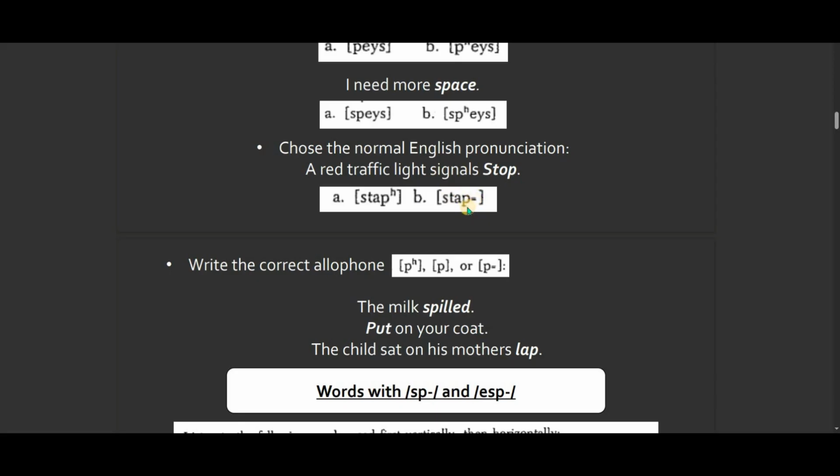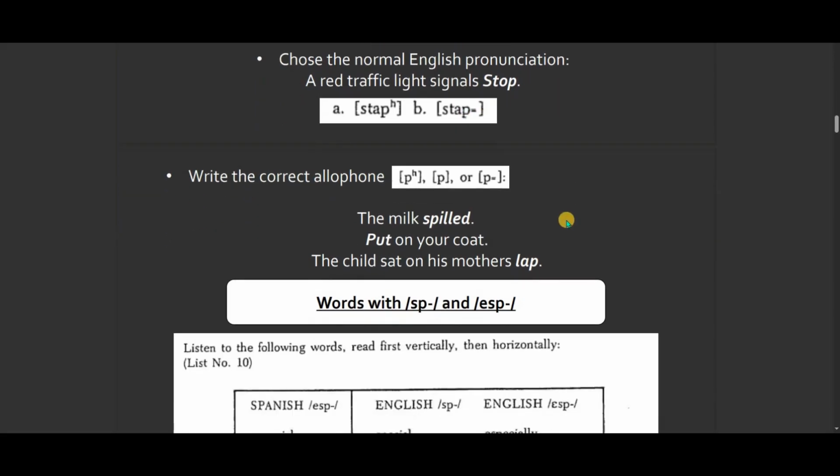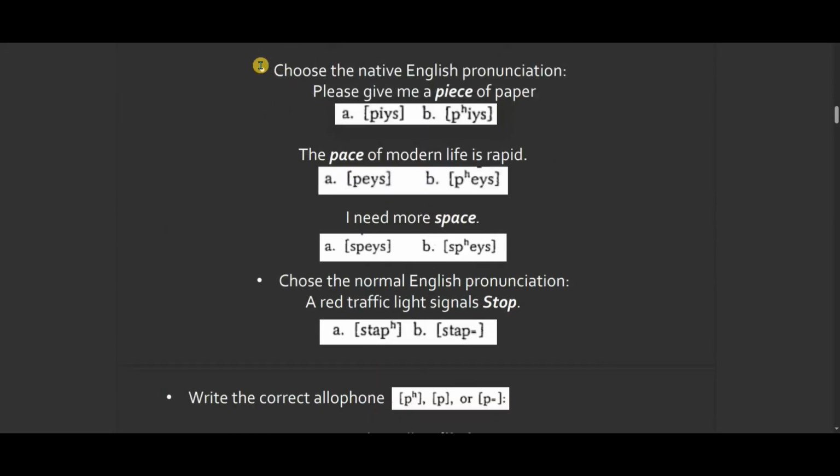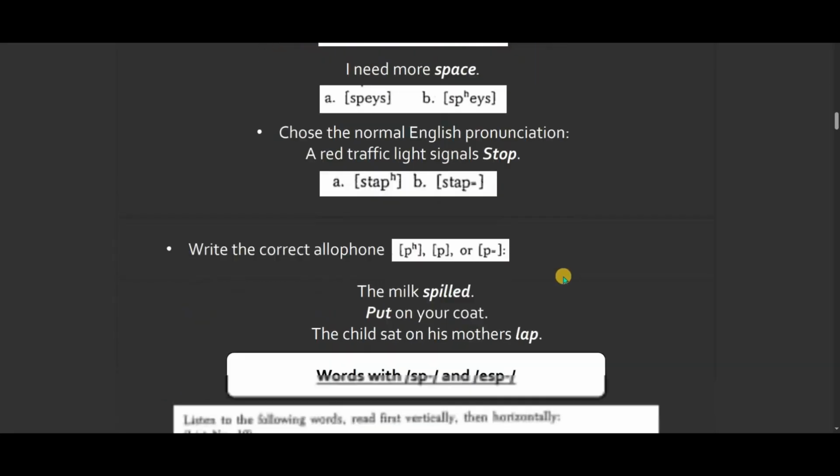Alrighty. So now knowing that, we will look at the next phonemes. This was for you to practice or to find out the correct pronunciation in this case.